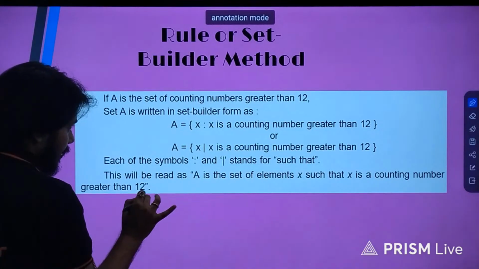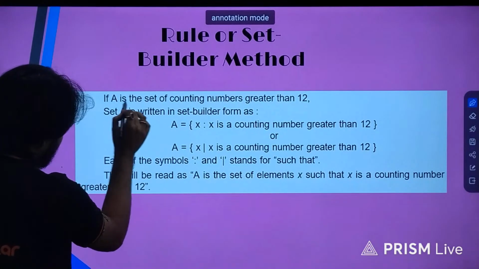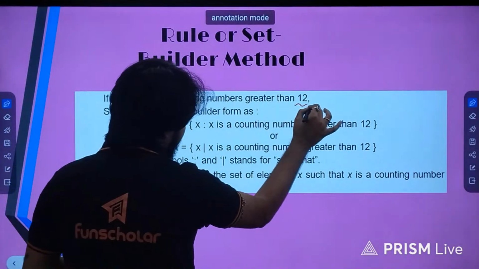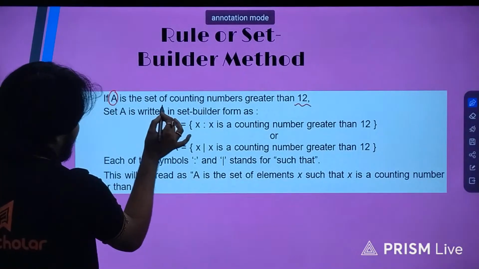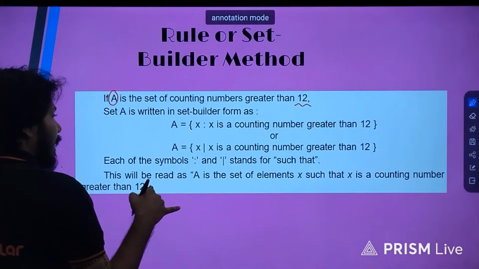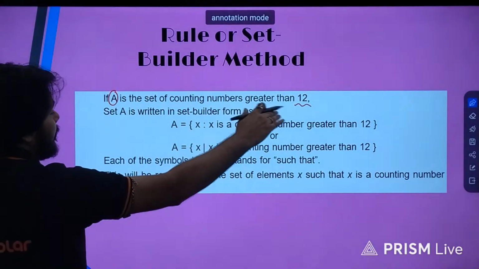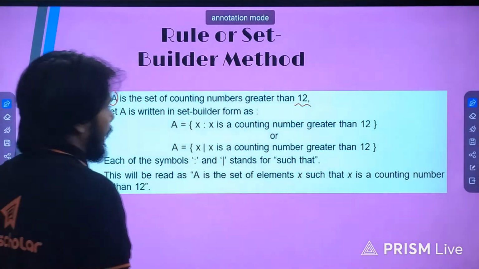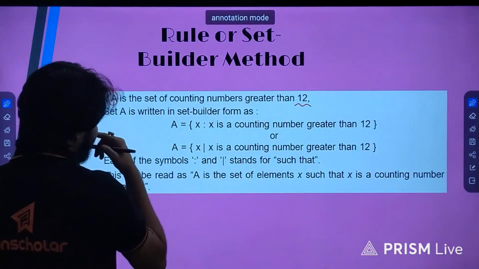Very carefully see what I am saying. If A is the set of counting numbers greater than 12, how can we represent this statement in the set builder method?